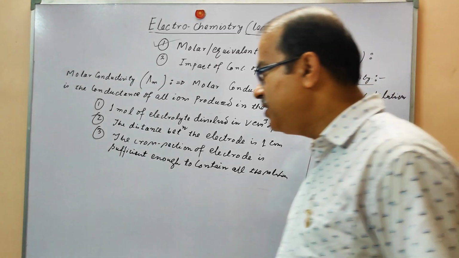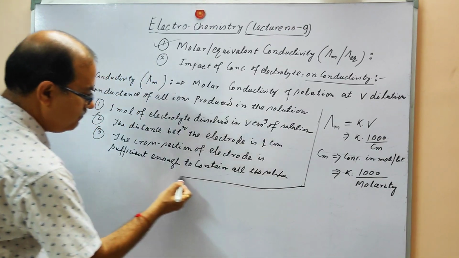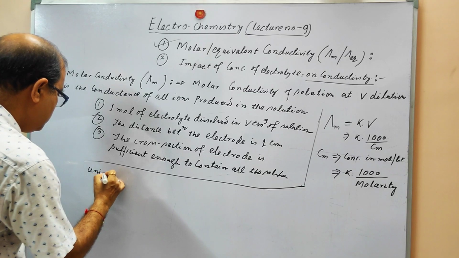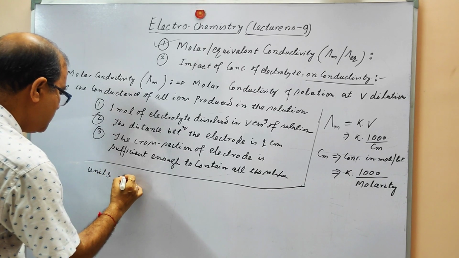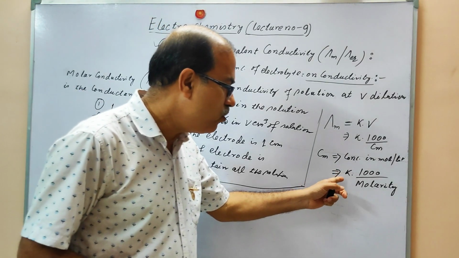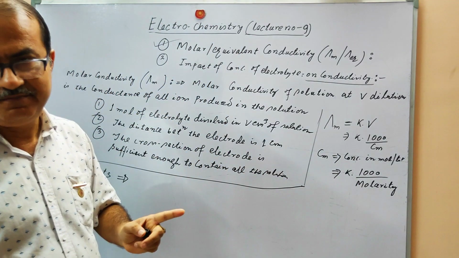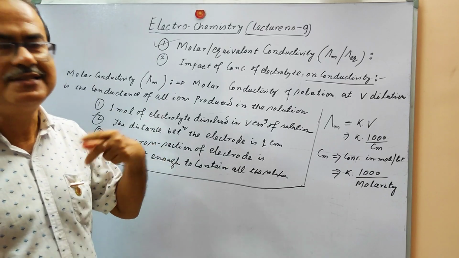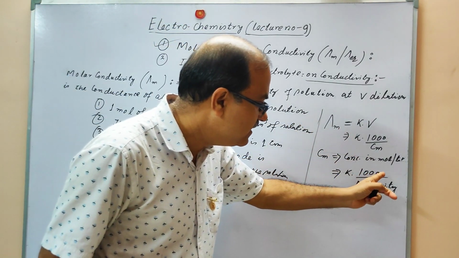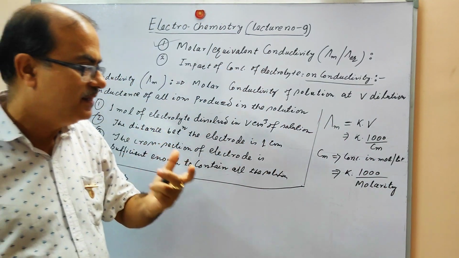Now what are the units of this? Let us understand. Conductivity is basically Siemens per meter when we take the SI unit, and here you can see there is the inclusion of a term liter, a volume term.